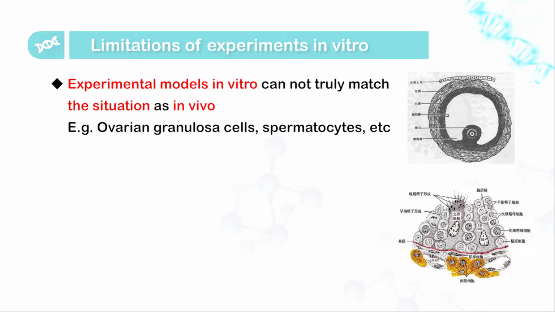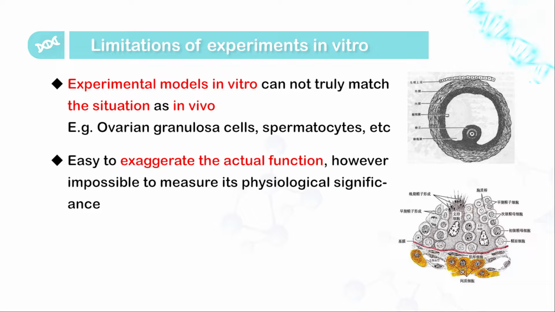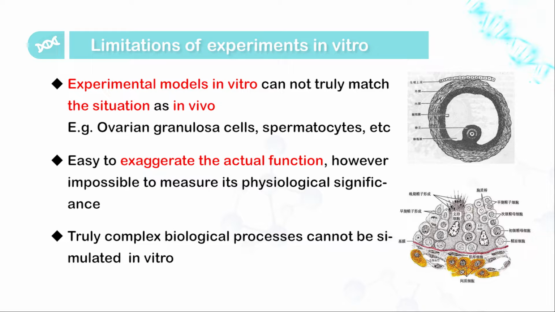Similarly, Sertoli cells and spermatocytes cultured in vitro are truly unable to reflect the regulatory function in spermatogenesis as in vivo models. In addition, in vitro experiments tend to amplify or miss the actual function of genes, and their physiological significance cannot be measured accurately.